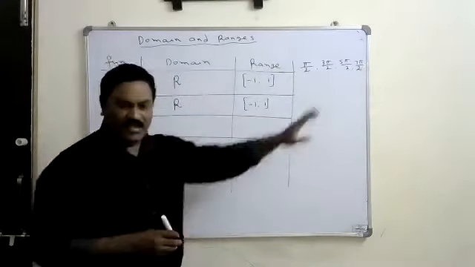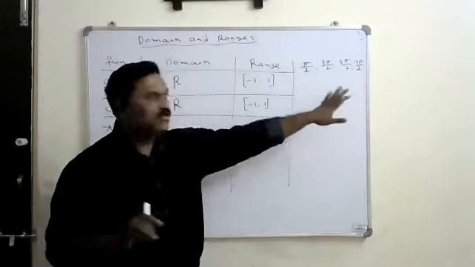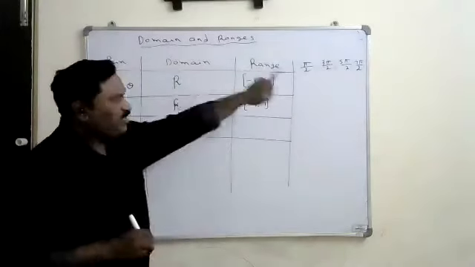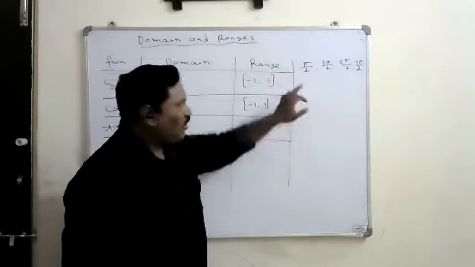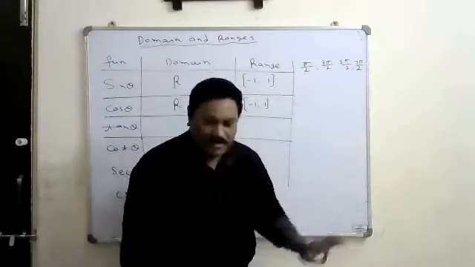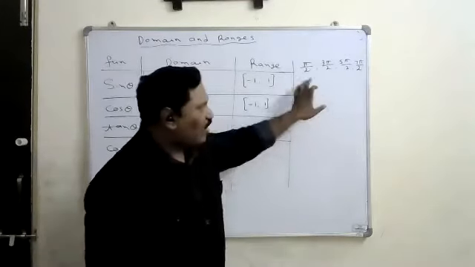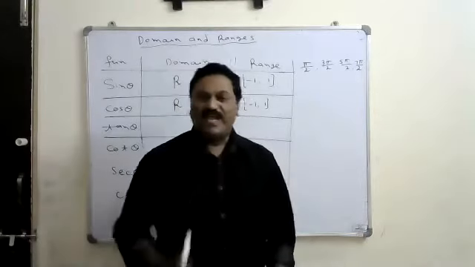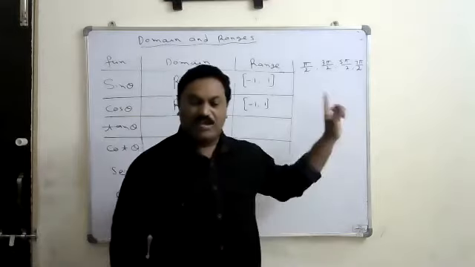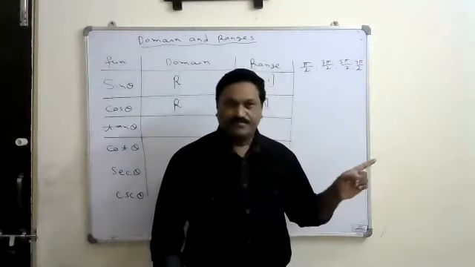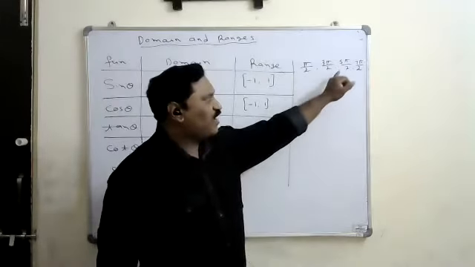For all these angles, it is not going to be defined. That's why for theta, we should not take these values. If we observe these values, all these angles represent odd multiples of 90. For odd multiples of 90, tan is going to give not defined. That's why we can't take these values.